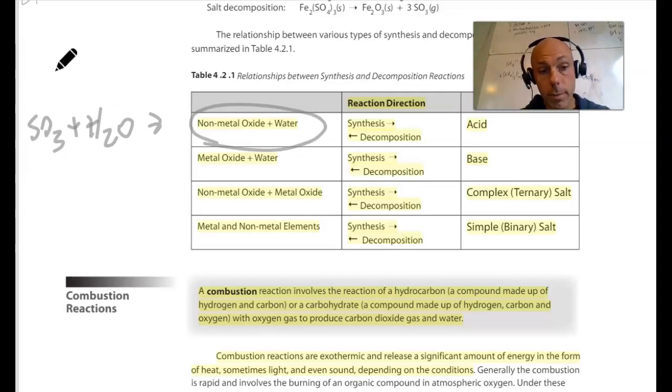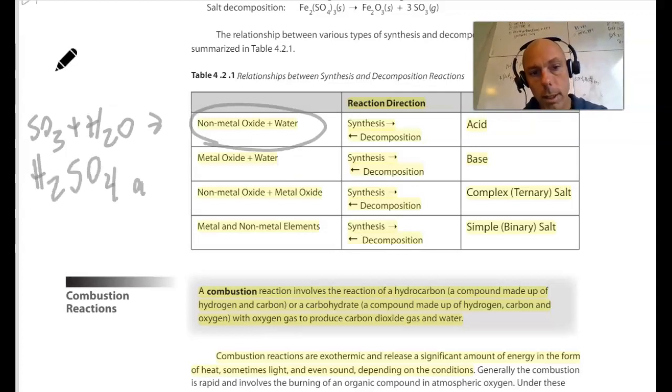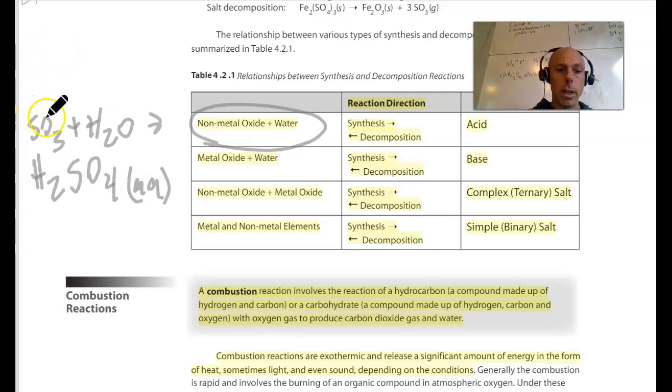So we put hydrogen as our cation. Knowing sulfate is a 2- ion, SO4 is a 2- ion, we'll need 2 hydrogens to be paired with sulfate. And there is the synthesis reaction between a nonmetal oxide and water, forming an acid, sulfuric acid.